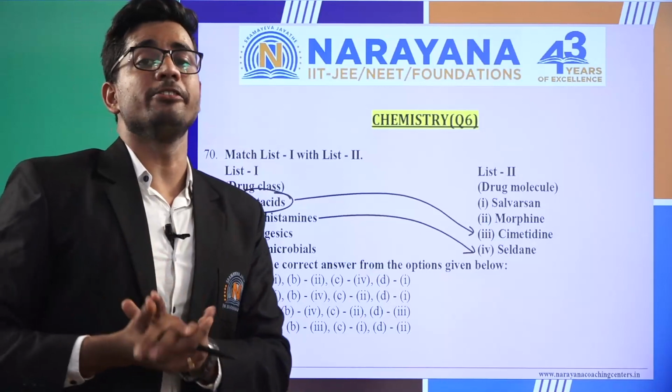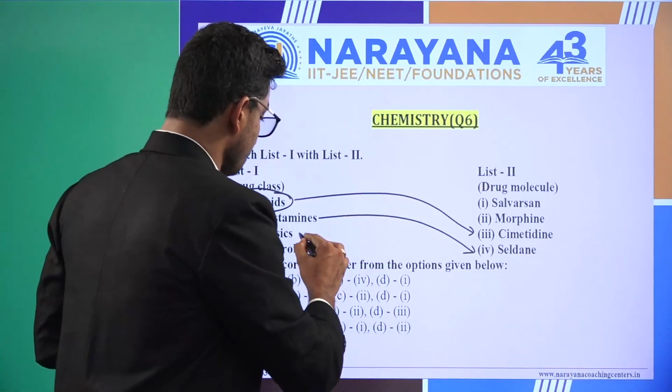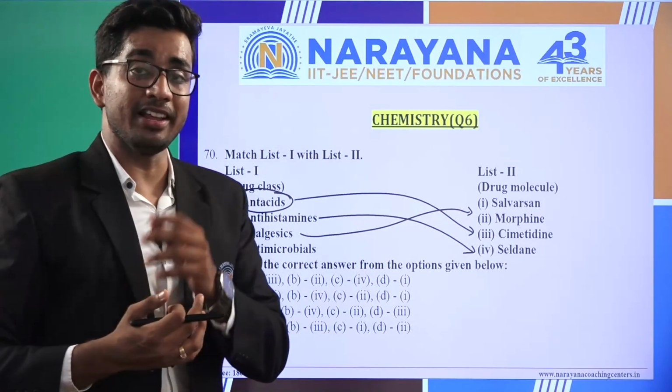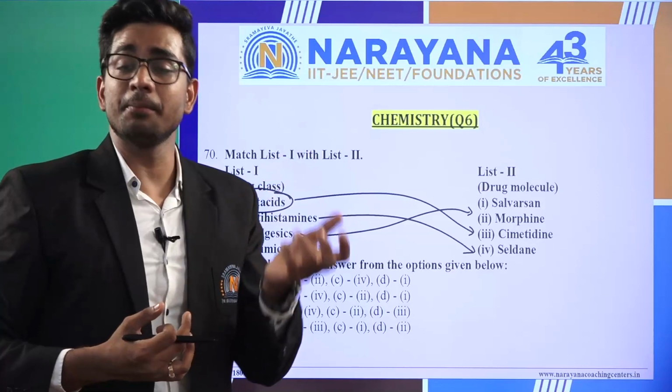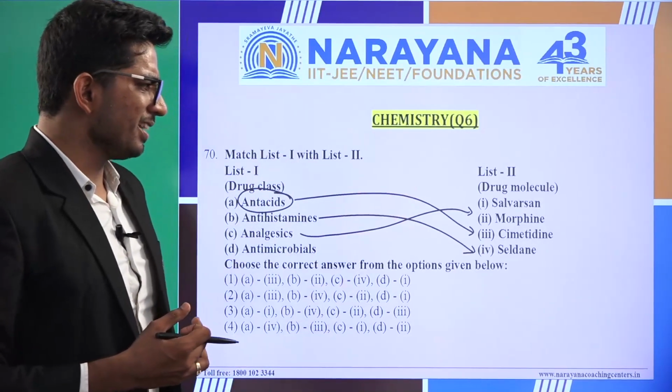Analgesics are pain relievers, and that is definitely going to be morphine. And antimicrobials kill or inhibit the growth of microorganisms, so this will be salvarsan.